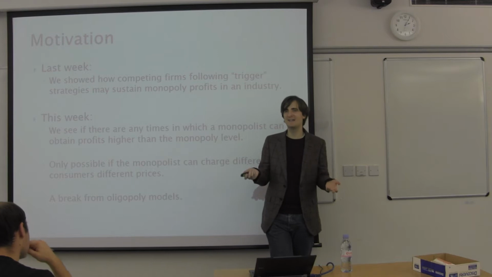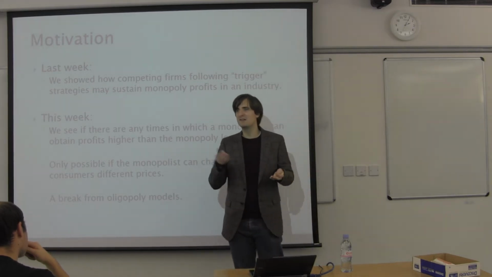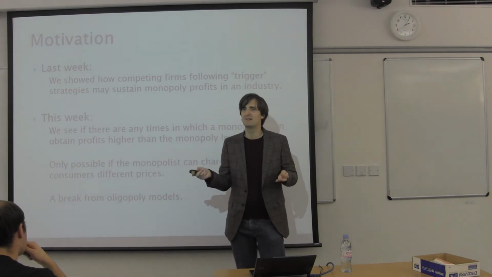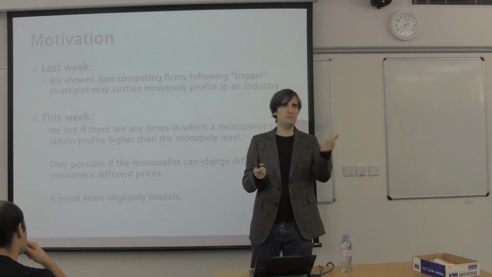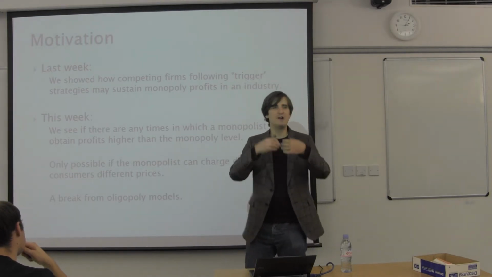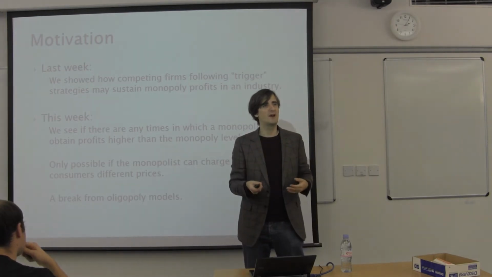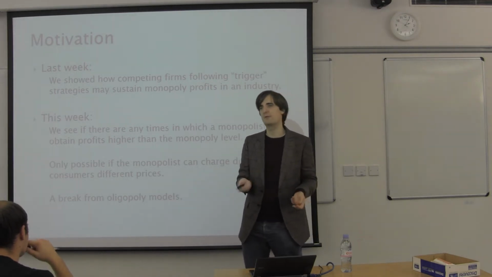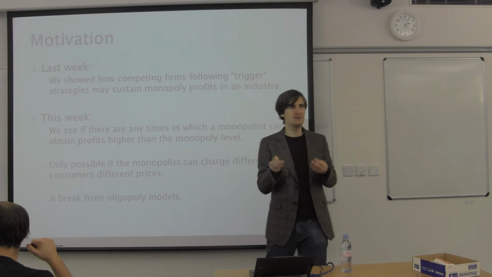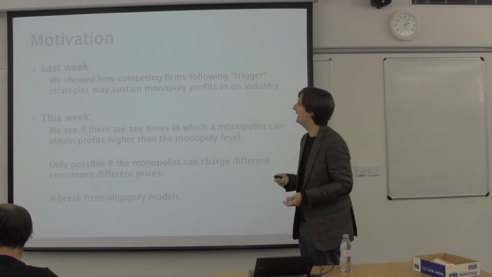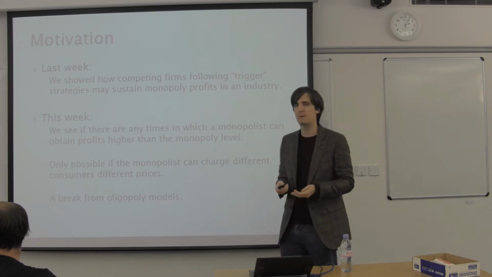The idea is that students have more elastic demand than everyone else. So if you can give students a different price than everyone else, you encourage more students to go, and that actually increases the profit the monopolist is going to get. So we're going to look at the different types of price discrimination and see how they can beat monopoly profits.